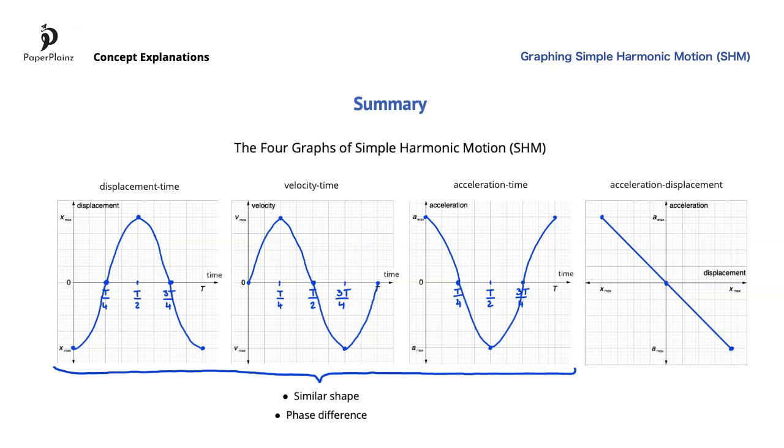For the acceleration displacement graph, we recall the equation a is equal to negative kx from the previous video, and discussed how this equation matches up well with the graph, since we have a straight line with a negative gradient that passes through the origin. This completes our discussion of simple harmonic motion graphs.